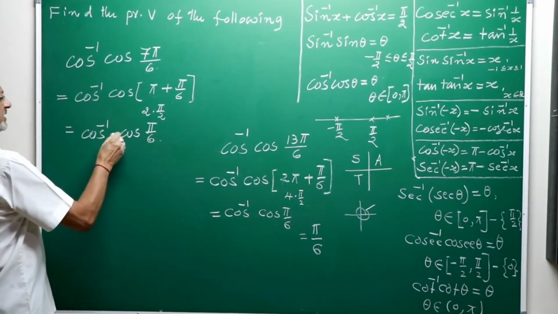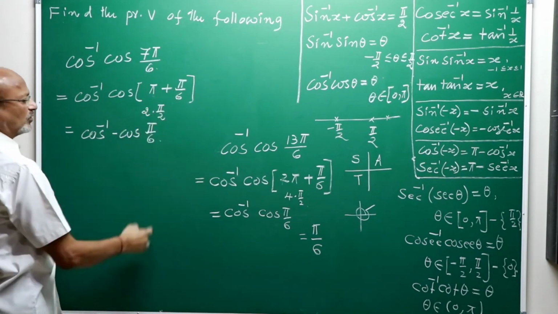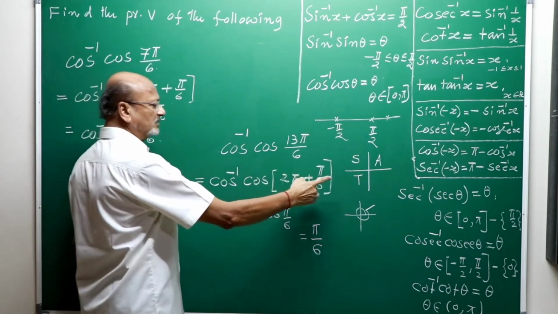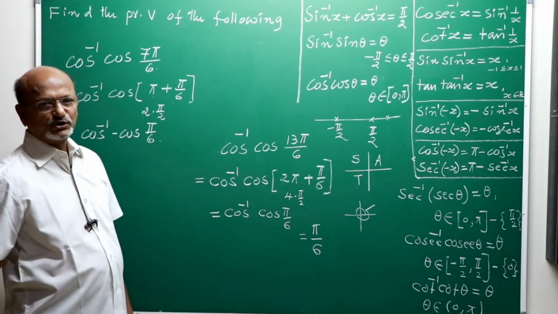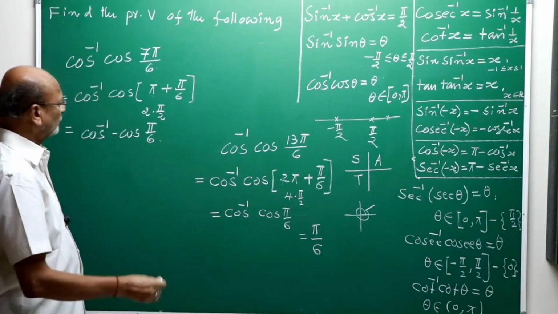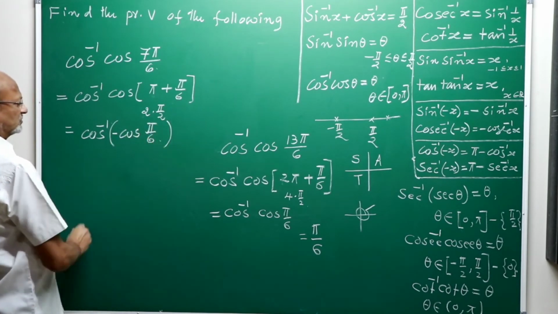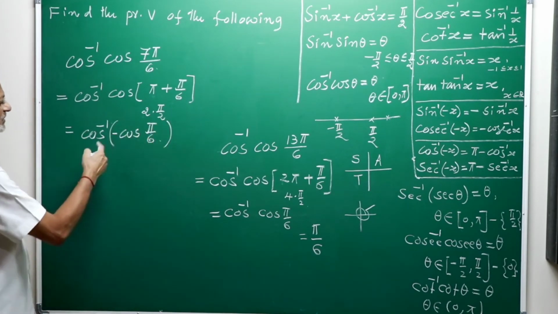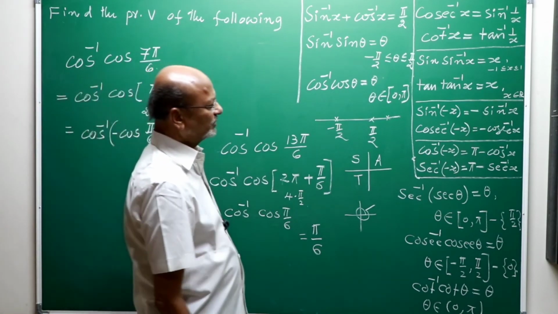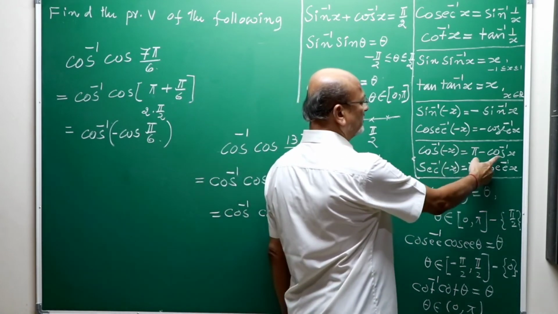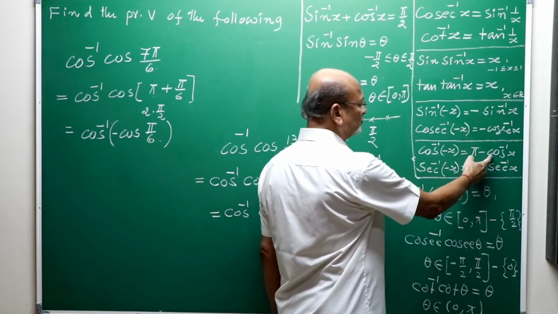What about the sign? Pi plus pi by 6 is in the third quadrant. In the third quadrant, tan is positive and cos is negative. So put a negative sign, and I use a bracket. Then it is cos inverse of minus x. The property is: cos inverse of minus x is pi minus cos inverse x.